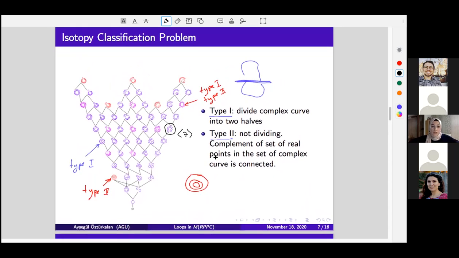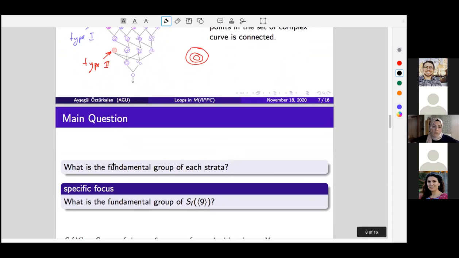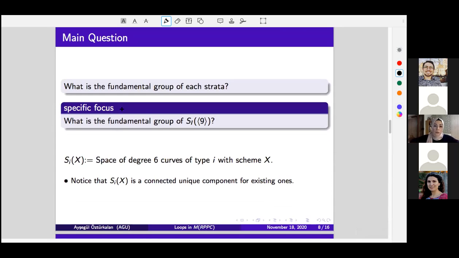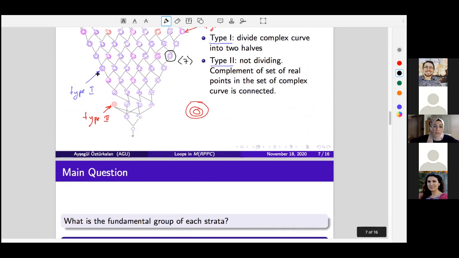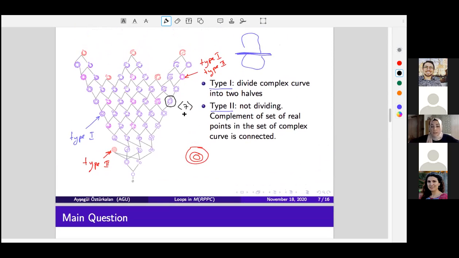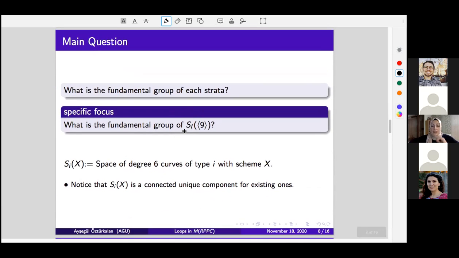If all these things are known, what is the point? The question that we studied together with Oleg Viro is this: what is the fundamental group of each stratum? Here, by strata, we mean these classes. For example, when you take this one, type 1, 7 ovals class, what is the topology of this class? I said it is unique and connected, but does it contain any loops inside of it? This is a very general question.